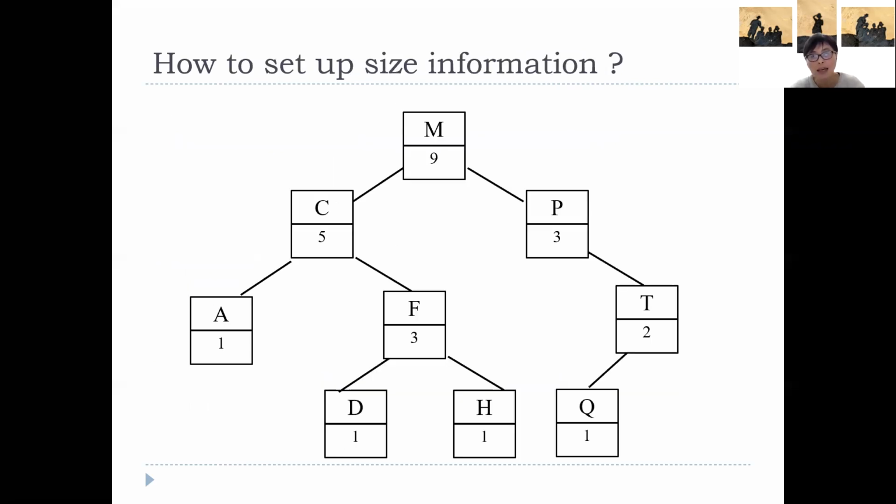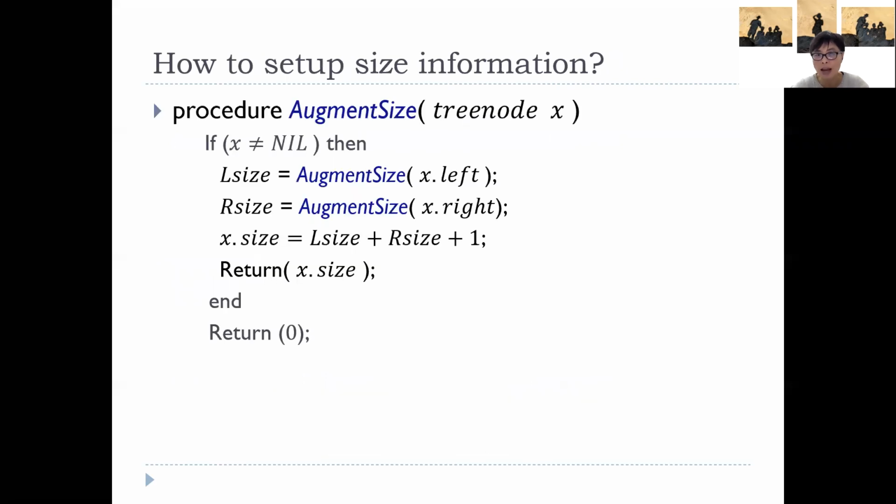In particular, the algorithm is a simple recursive algorithm. Let's see what it's doing. Here I'm assuming that if a node x is nil, then its size is 0. So what are we doing?